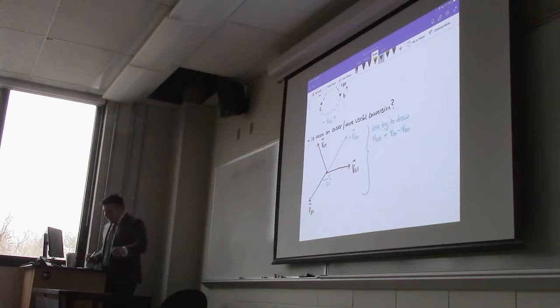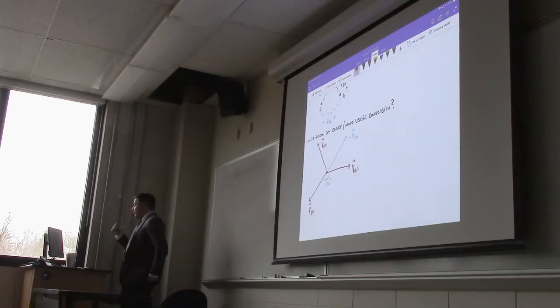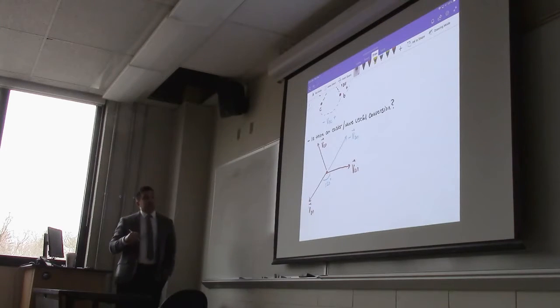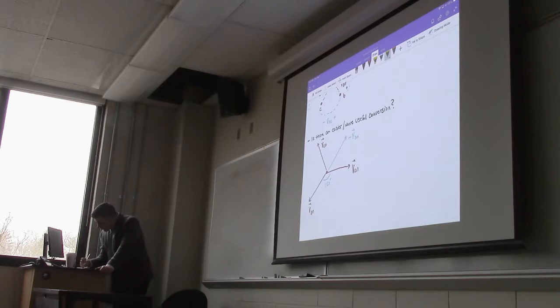And now, I drew this too close in space. So now, if we combine these two vectors together, we'll get a projection that looks like this.